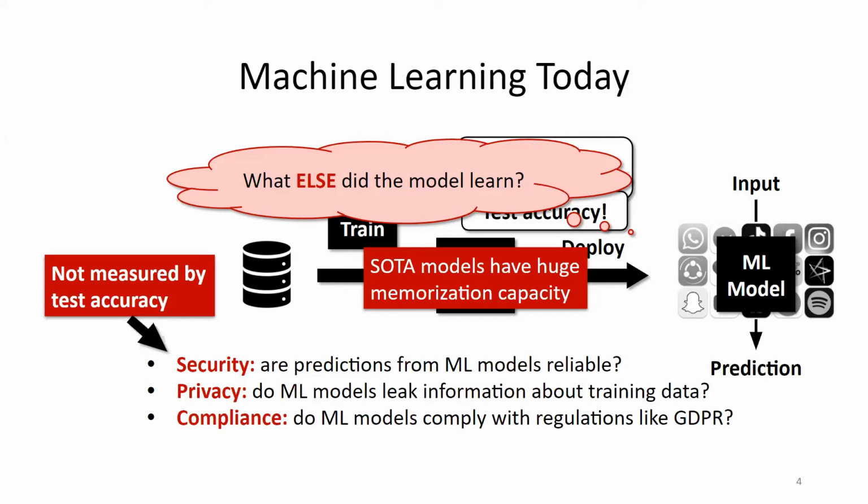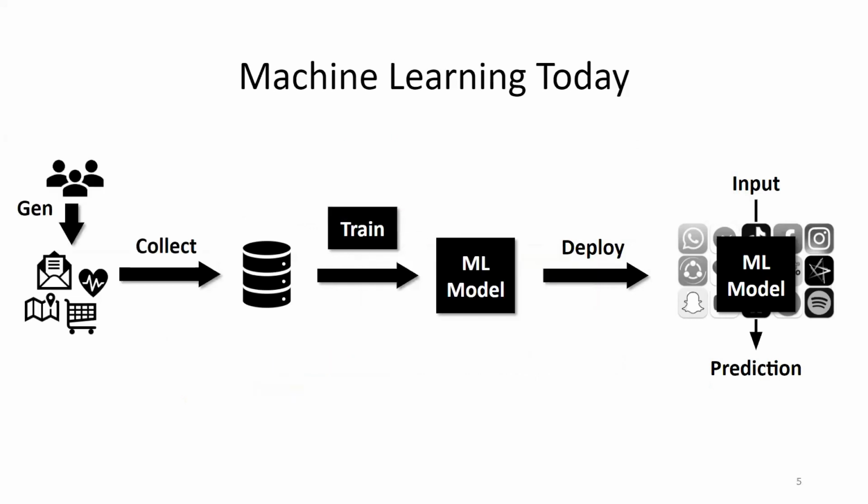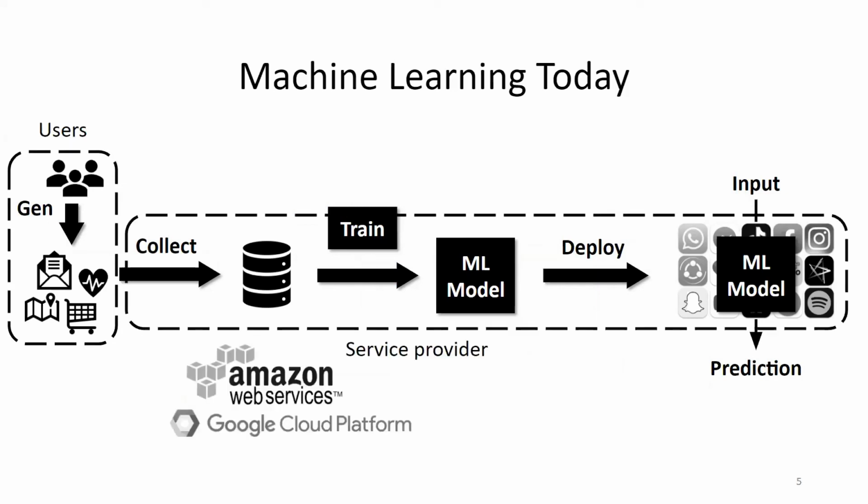But before I do that, I want to first introduce how different parties can interact with this pipeline. We first have users who are generating the raw data, and then this raw data gets collected by the service provider. This could be companies like Amazon or Google. Once the data is collected, the service provider goes through a training procedure to produce a model.